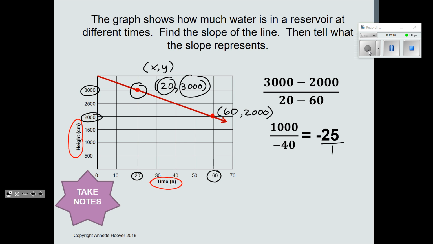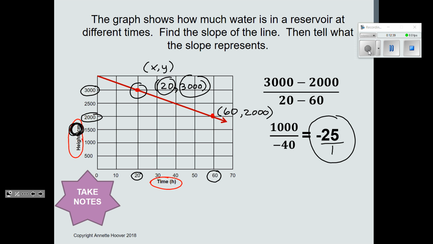So what does that mean? Well, because this is a negative slope, you can tell that the water in the reservoir is becoming less and less and less. And this slope means that for every hour, it's losing 25 centimeters.